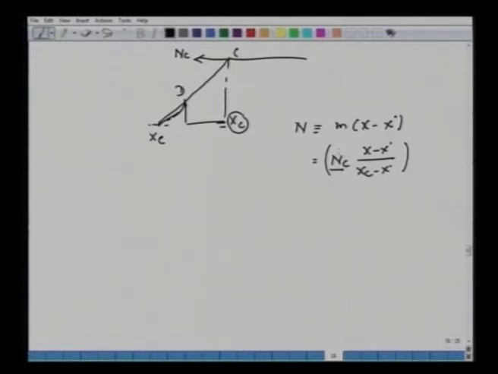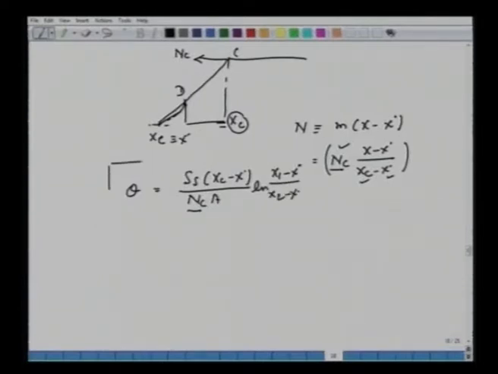If nc is known, xc is known, x star is known, the equilibrium concentrations, then theta can also be integrated to show that it is xc minus x star over nc, the critical rate corresponding to the critical moisture, into ln of x1 minus x star over x2 minus x star. So it's an approximation one can make, or you can do the numerical integration as well.